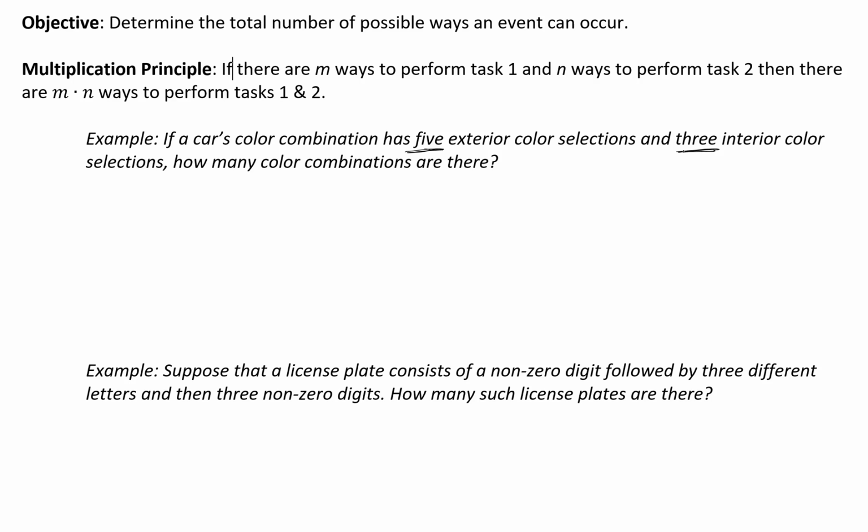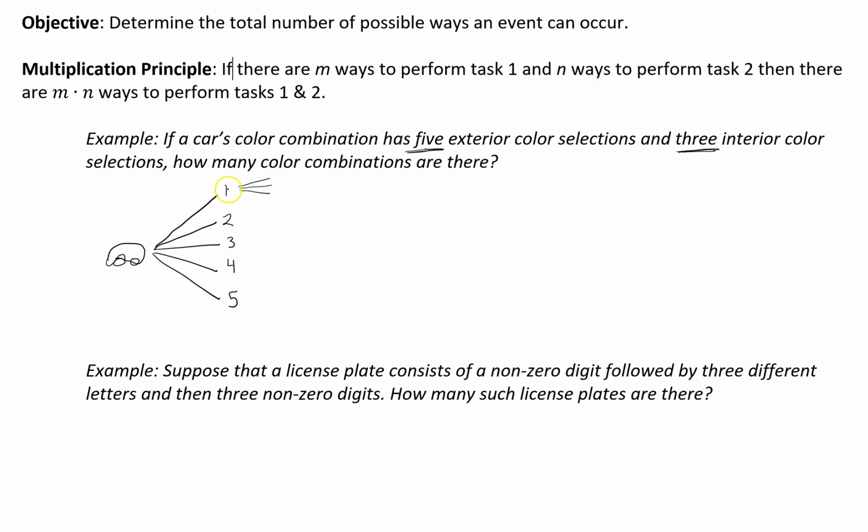So one way to do this problem is to visualize it and envision that there's this car, kind of this starting point. And I can pick my exterior colors, and I have 5 of them that I can pick from. And then once I've picked my exterior color, I have to pick an interior color.